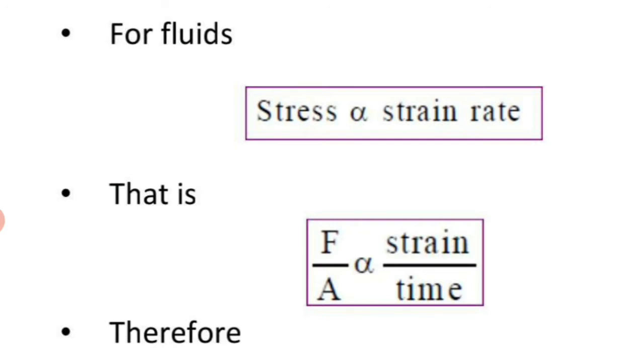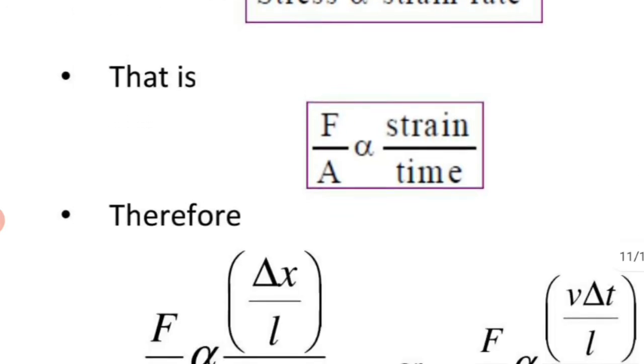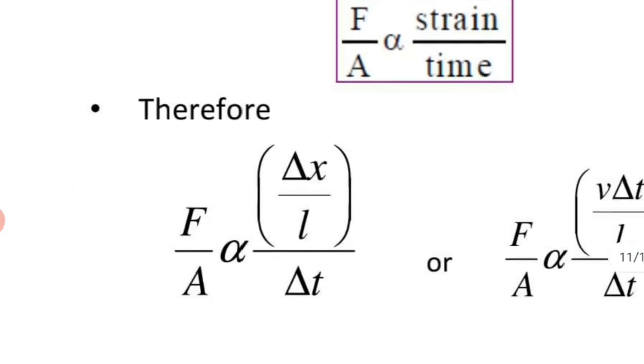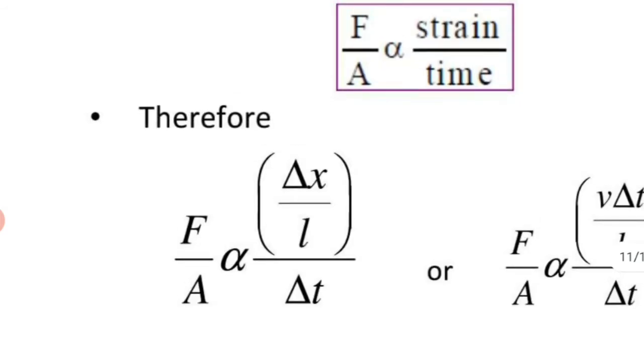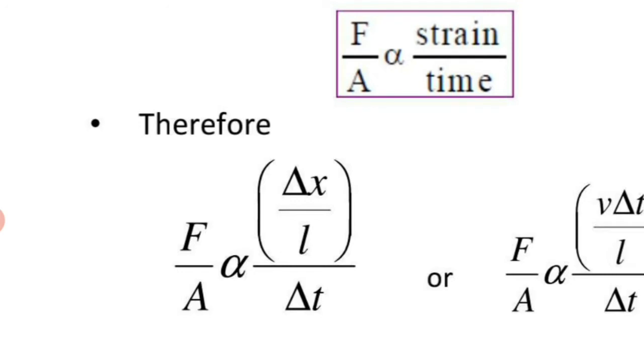So we can write stress is proportional to strain by time, where stress is F by A. So our equation becomes F by A proportional to delta x by L divided by delta T, where delta T is the time interval for which the force is acting. Or we can write F by A proportional to V delta T by L divided by delta T, because we substituted for delta x as V delta T, velocity into time.